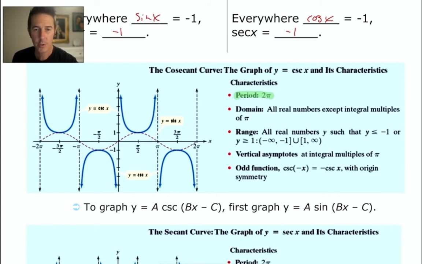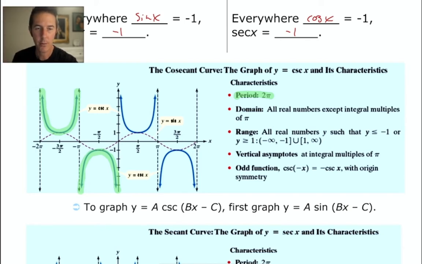The range, look at those blue curves. This one does contain a point that has a y value of +1, but otherwise all the rest of the y values are above +1. And this downward facing curve does reach a point that has a y value of -1, but otherwise all the rest of those y values are lower.